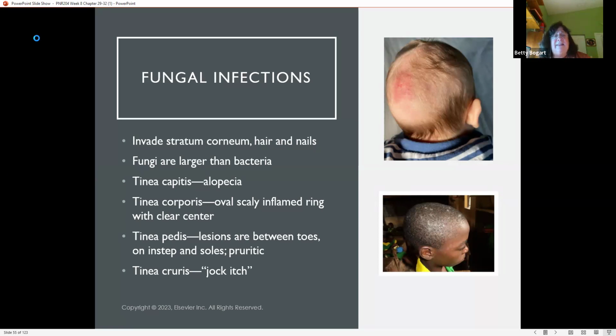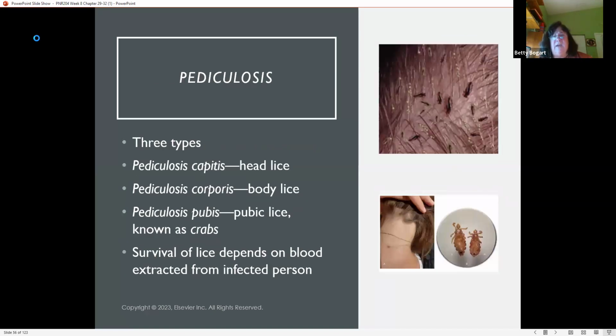It can cause tinea corporis, which is this little oval area of inflamed skin, and the center's clear on it. How about tinea pedis? Isn't that what we call athlete's foot? That is also a fungus, and it itches like crazy. And then tinea cruris, which is men that are in sports that use something to hold their privates good, and it gets hot and sweaty, and it can cause what we call jock itch, which is a fungal infection.